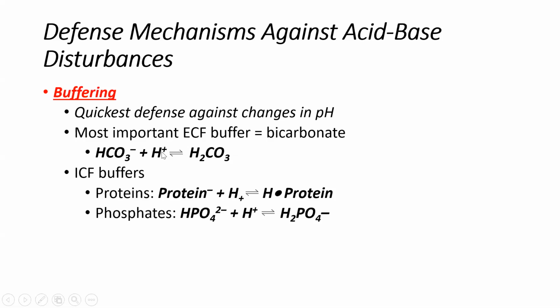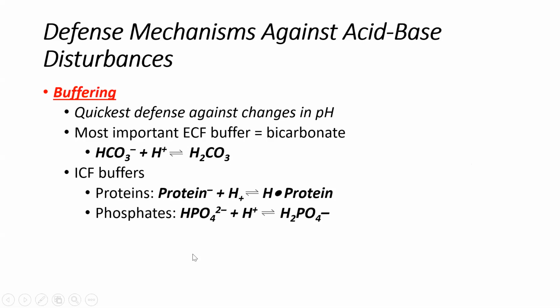So in this way, bicarbonate is buffering any pH change by adding to those hydrogen ions and creating an entirely new compound, which is carbonic acid. And then this carbonic acid could freely dissociate into water and carbon dioxide, again, not influencing the pH. So this is one of the most important buffers that we have in our extracellular fluid or in our plasma.